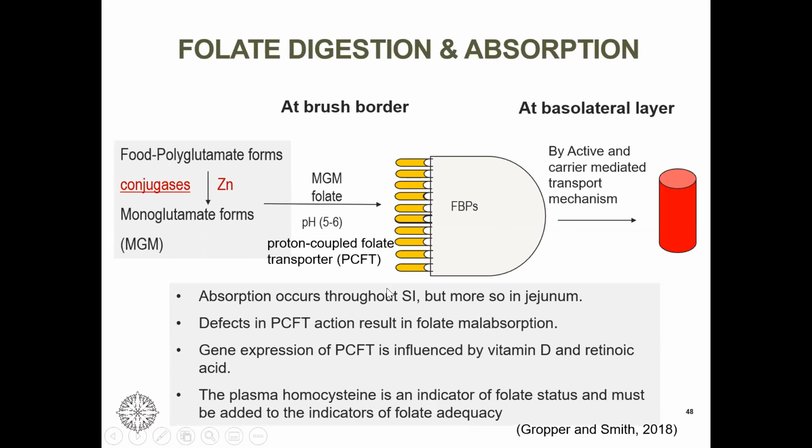So if people have issues with PCFT, if their liver is not making these transporters, if there is high alcohol consumption, then all this can be impacted. In fact, vitamin D is now known to play an important role in gene expression of this particular transporter. So if somebody is deficient in vitamin D, that can impact folate also.